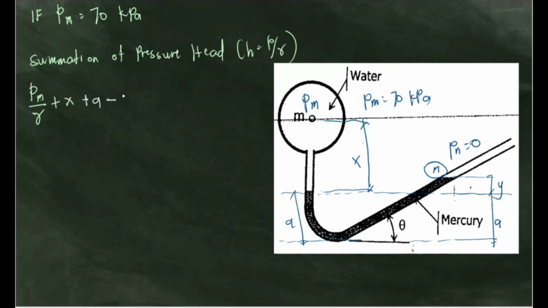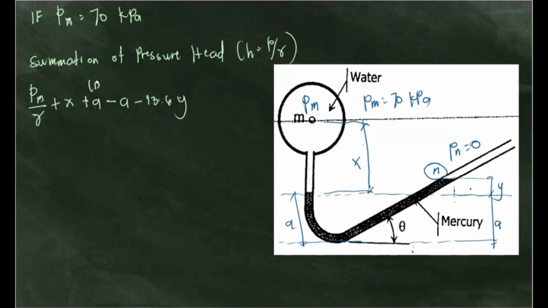distance, then going up, minus A, minus 13.6Y, with 13.6 specific gravity. By the way, there is also 13.6 here, the same. 13.6A. Let's write it here. So there is also 13.6A plus minus 13.6A.